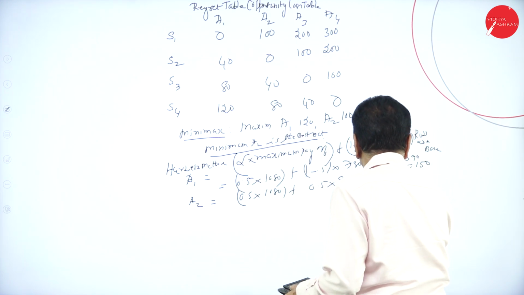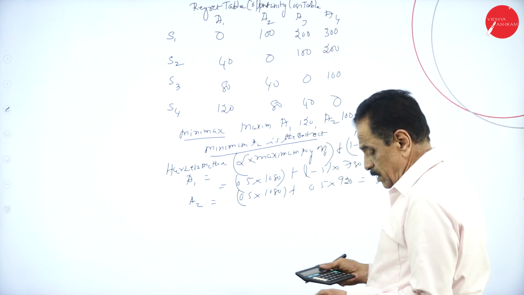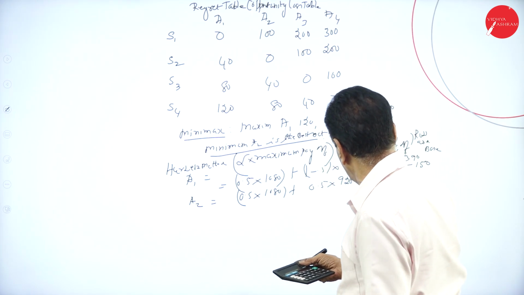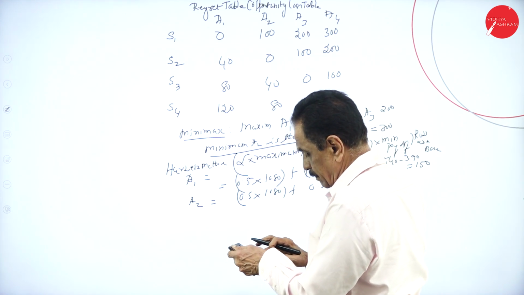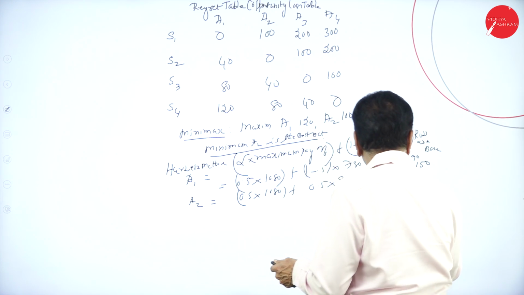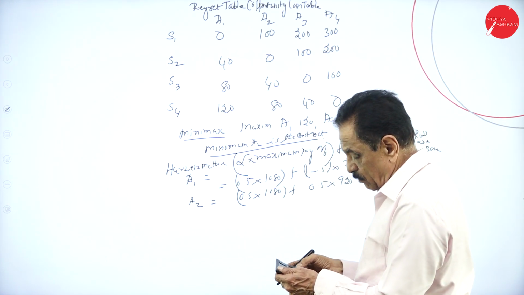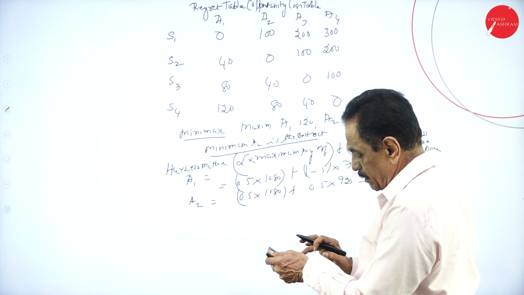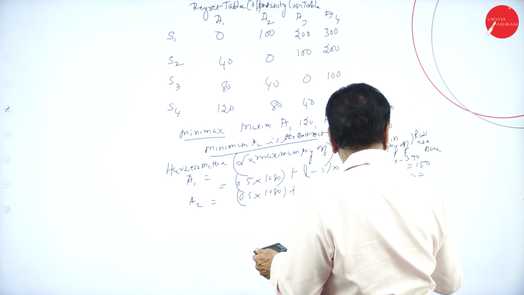So this is 540 minus 920 into 0.5, 460. Deduct: 540 minus 460, 80.